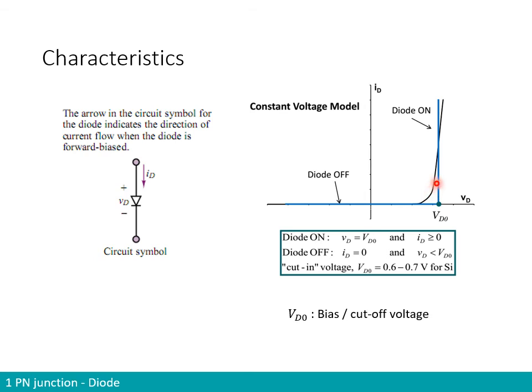So in the middle here would be the bias voltage of either 0.7 or 0.3 depending on the semiconductor, right?